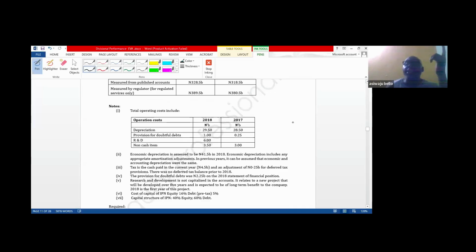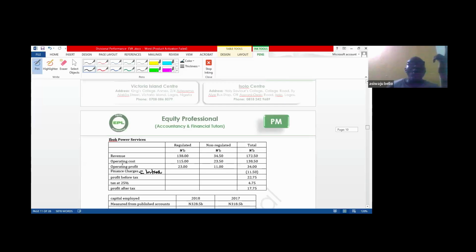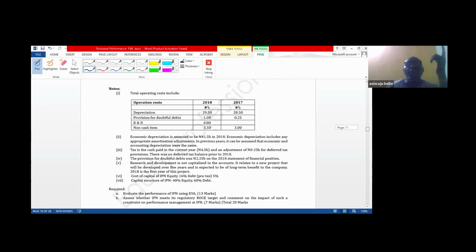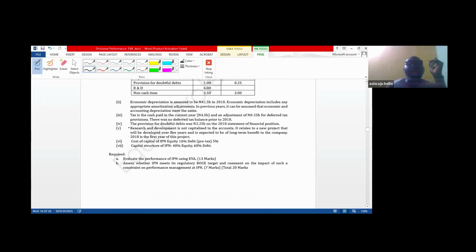This will affect your income statement. Operating cost is part of your income statement. But look at this item. The provision for doubtful debt was 2.25 billion on the statement of financial position. This information will affect your capital employed.